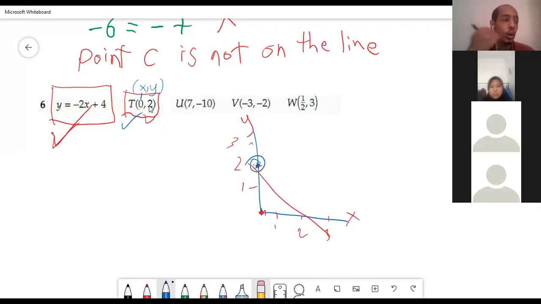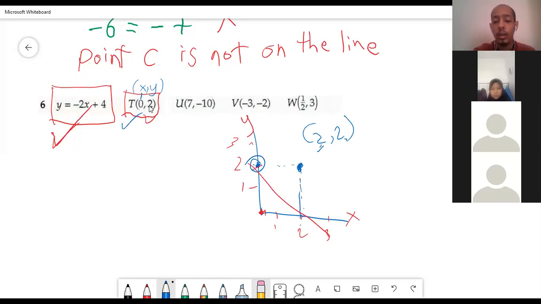What's the point 2 and 2? This is 2 on x, right? And this is 2 on y, right? They are going to meet at this point.